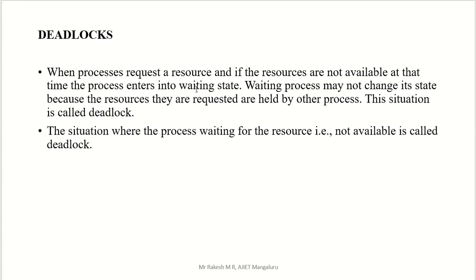So at that time the process will enter into waiting state. A waiting process may not change its state because the resource it has requested is held by the other process. That means that particular process will not execute. It is also waiting for the resource.